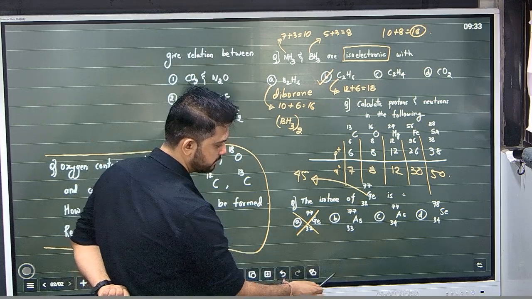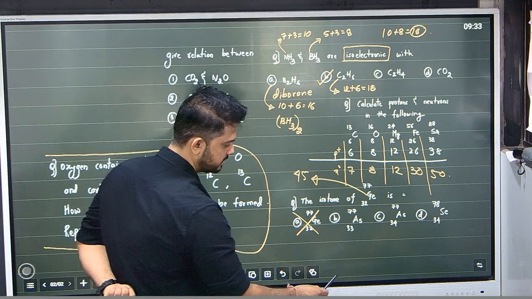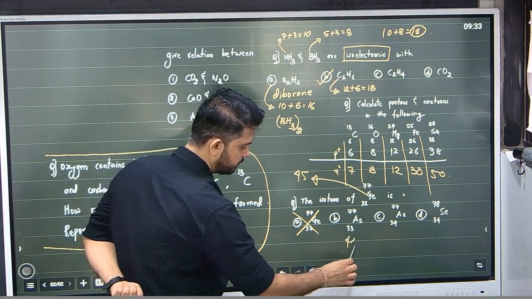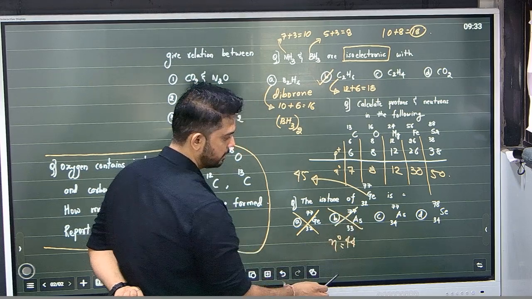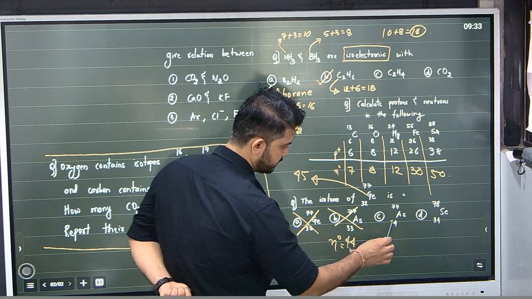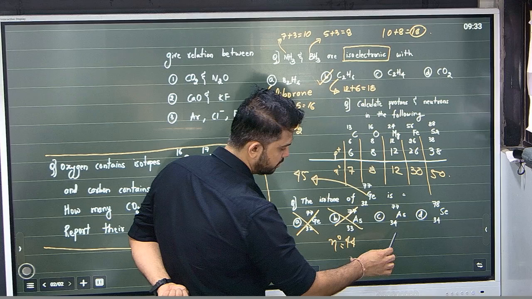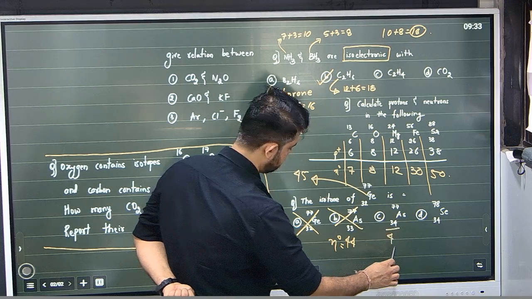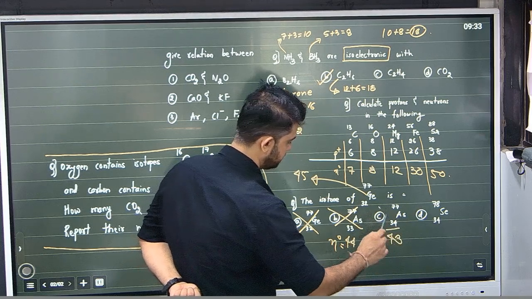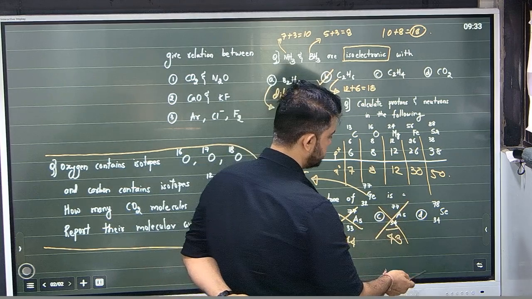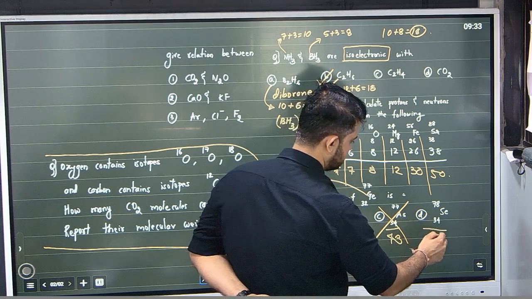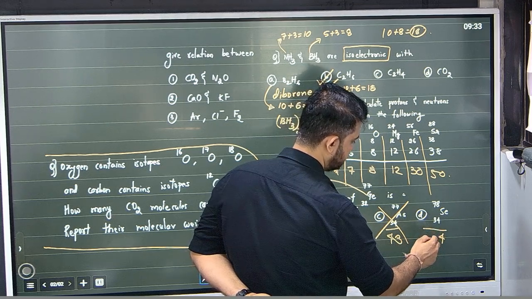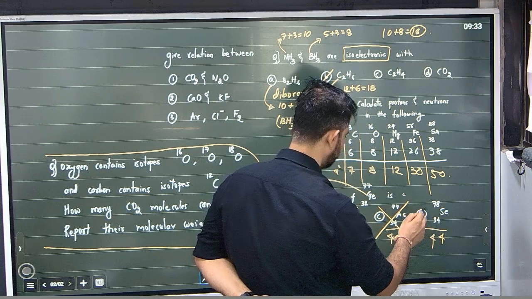What about here? 77 minus 33. How much is that? 44. So the number of neutrons here is 44. No, that's not the answer. What about here? 77 minus 34. 43. Is that the answer? None of the answers is matching here. 78 and 34. How much is that? 44, right?